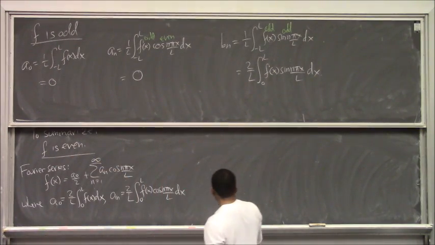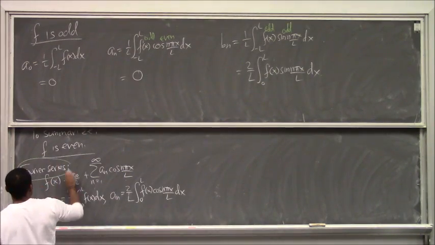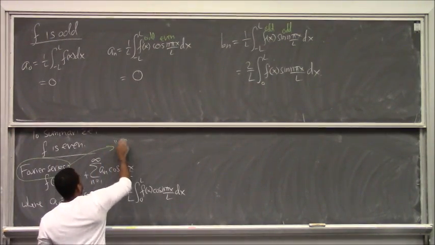And for that reason, whenever we have an even function, its Fourier series is called a cosine series.